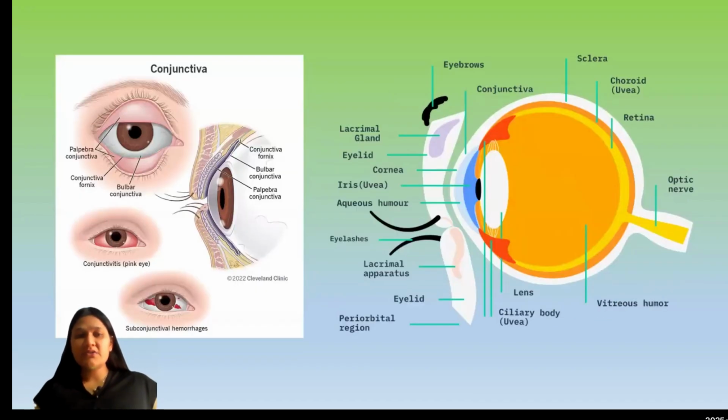So let's have a structure view. This is your main eye, and I have told you about the conjunctiva that is present here, about the eyelashes that are here, and about the, let me get the laser, wait.